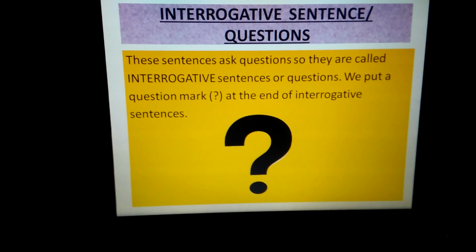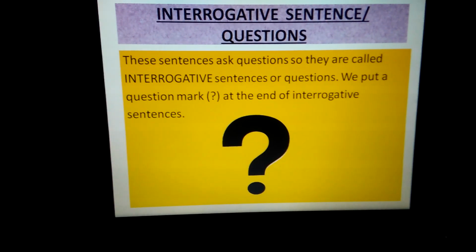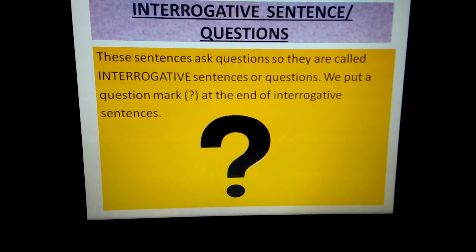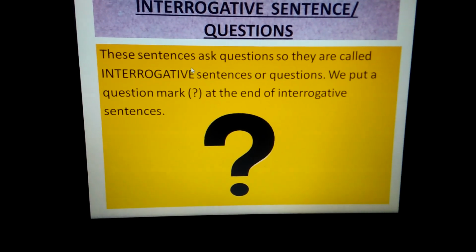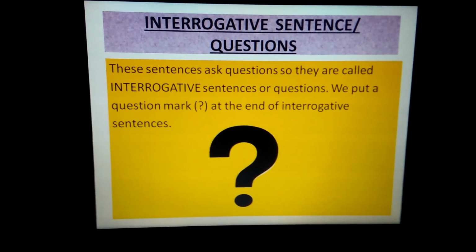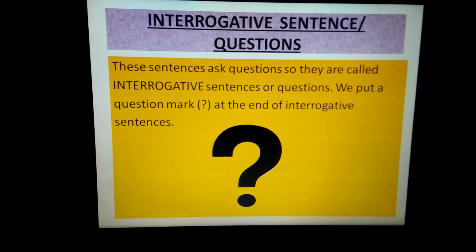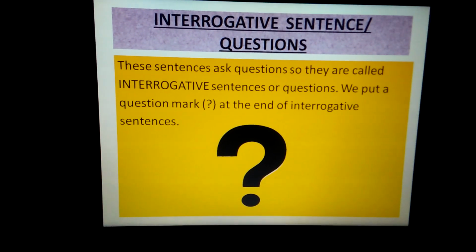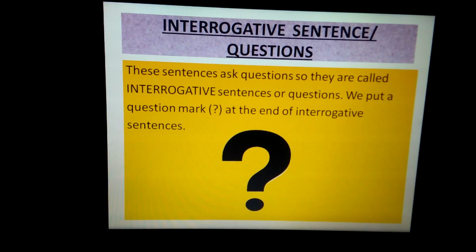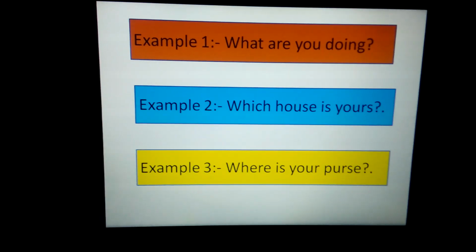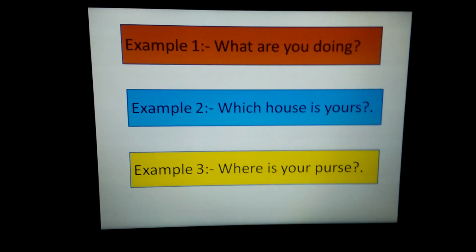We put a question mark at the end of interrogative sentences. As you can see, here is a big symbol of a question mark. As you see this symbol in any sentence, you will find out that this is an example of an interrogative sentence or question.